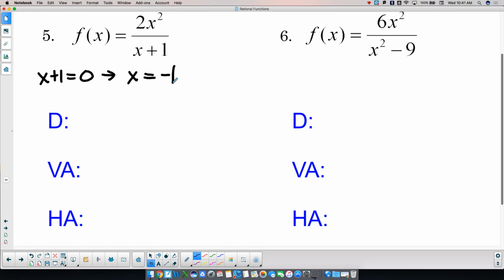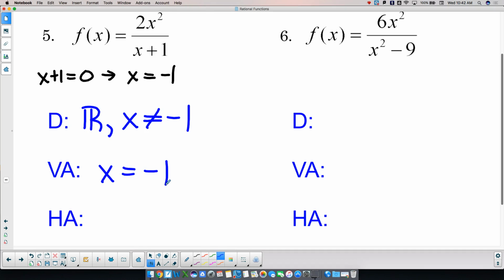So the domain of this function is all real numbers, but x cannot equal negative 1, which gives me a vertical asymptote of x equals negative 1. Agree with that?